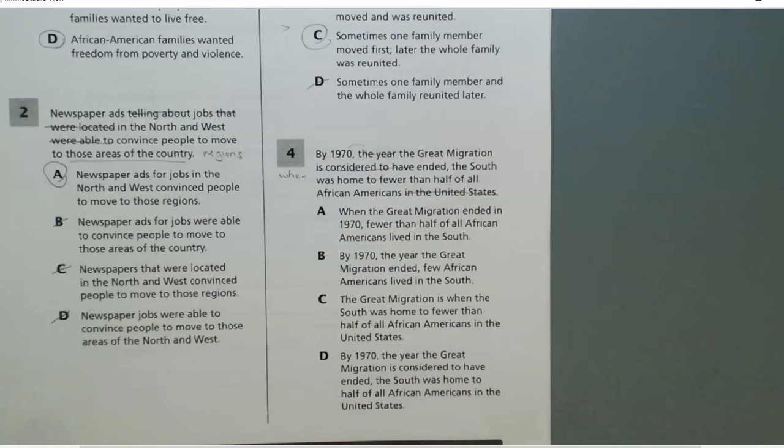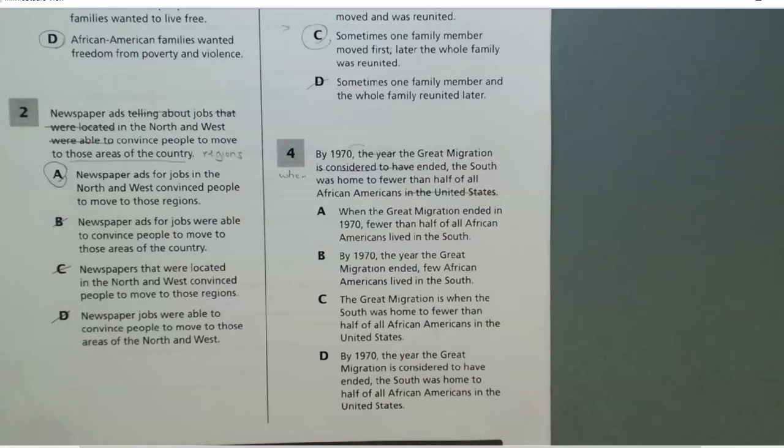Okay, Mason thinks it could be B too, so let's look at B. By 1970, the year the Great Migration ended, few African Americans lived in the South. Let's go back to our original sentence: was home to fewer than half.